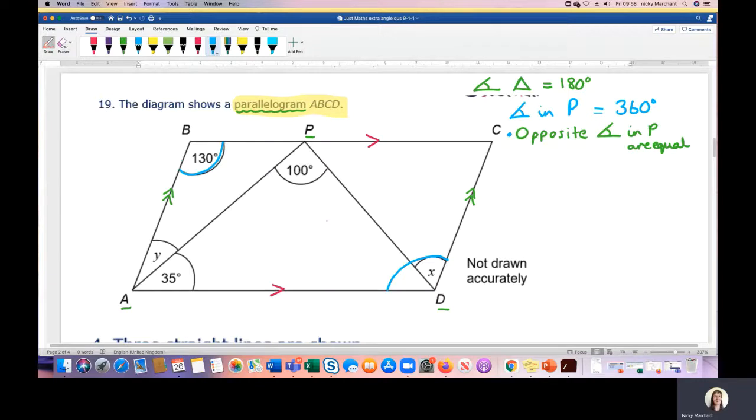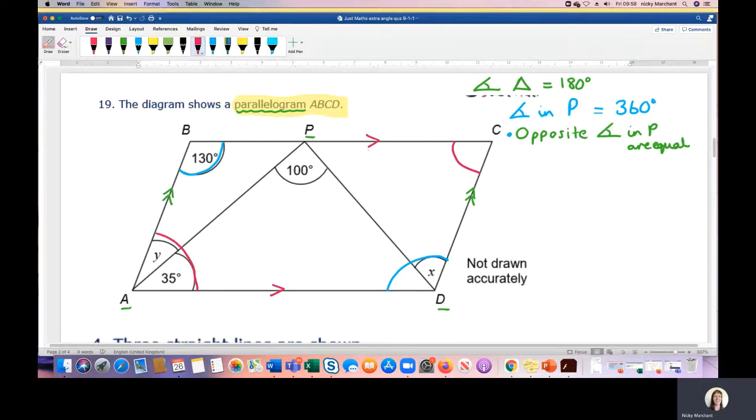This one here opposite this one here, because it's just a squashed rectangle, the opposite angles are equal. It also means that this angle here is equal to the whole angle in the corner here. So two key bits of information there: opposite angles in a parallelogram are equal.